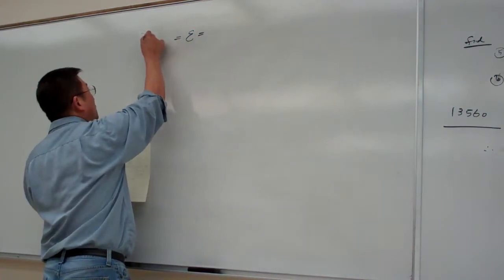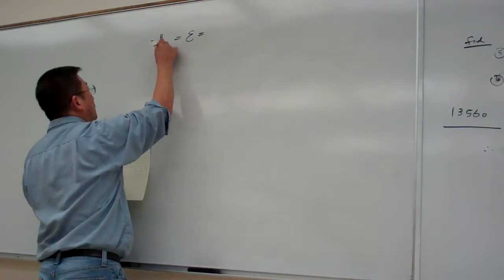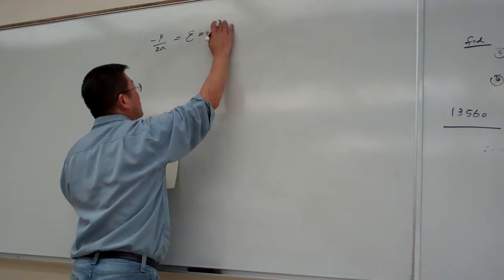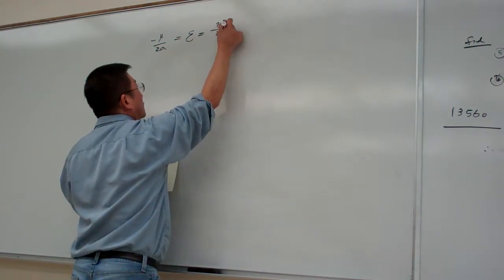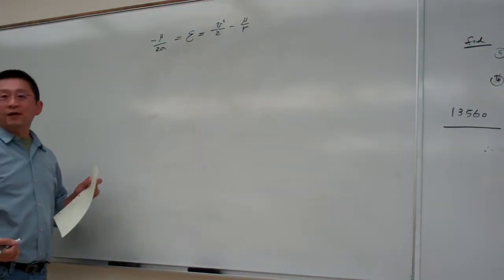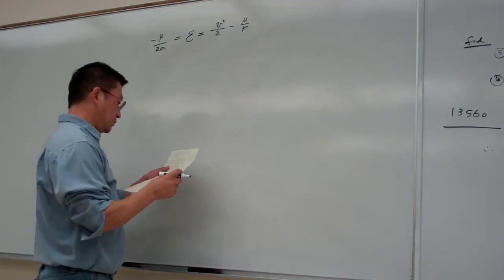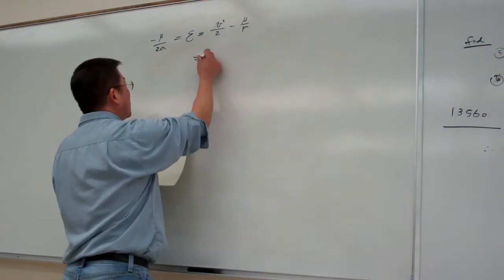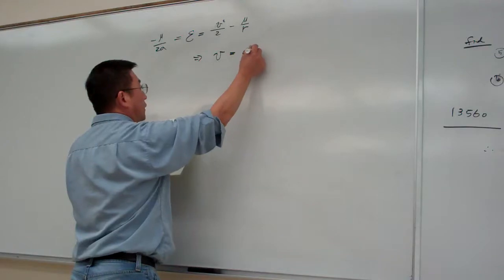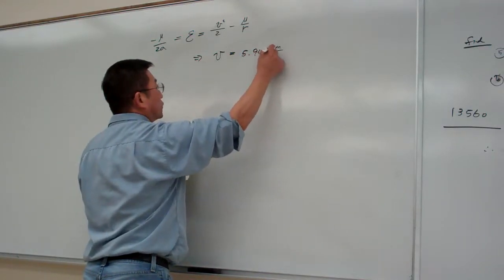So mechanical energy is minus mu divided by 2a, and also equal to v squared over 2 minus mu over r. Okay, so we can use this one. Using these equations, we can calculate v, plugging everything in, equal to 5.94 kilometers per second.